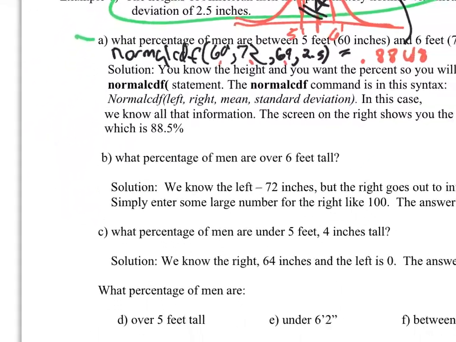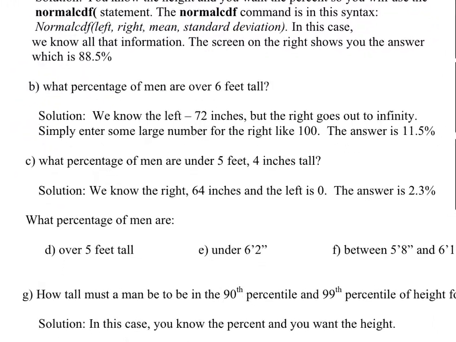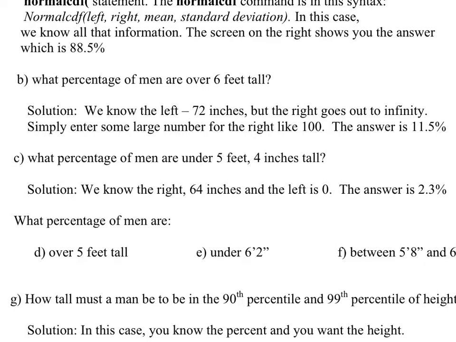All right, letter B. What percentage of men are over 6 feet tall? Well, we did that one already, didn't we? But it's going to be still a piece of cake with my calculator. Normal CDF. What's the lowest limit of 6 feet tall? 72.